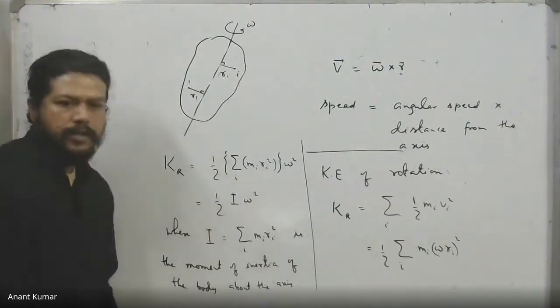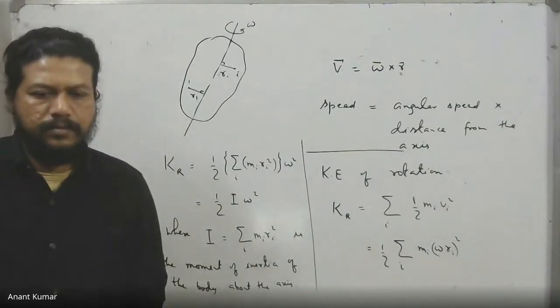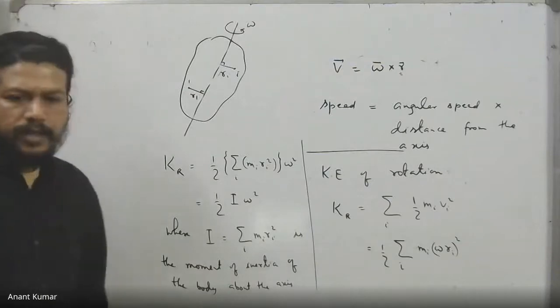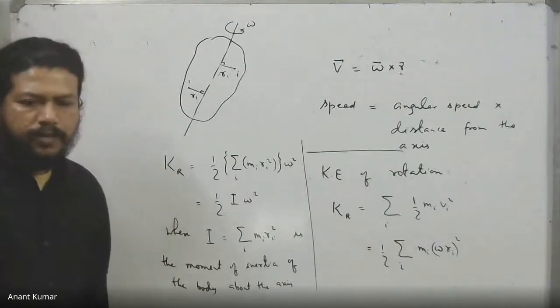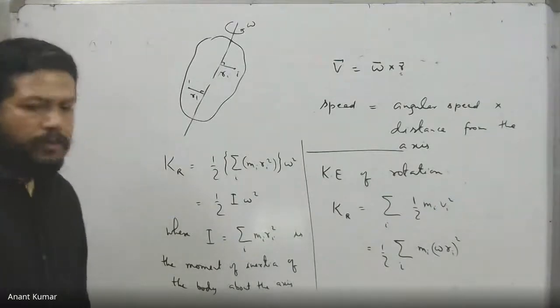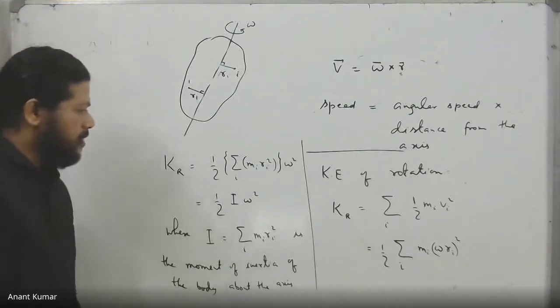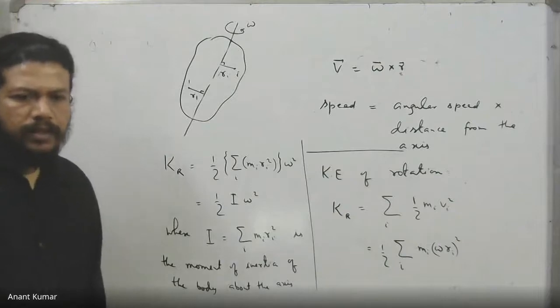About the axis, okay. In this summation, again remember that ri represents the perpendicular distance from the axis, not from the origin, but from the axis.